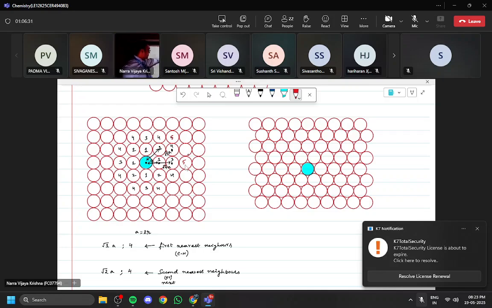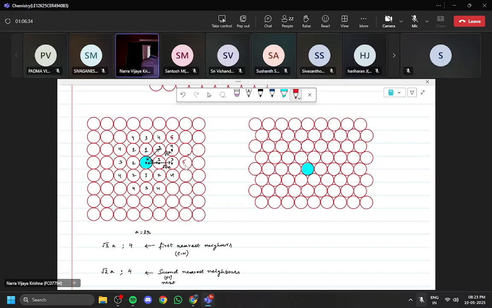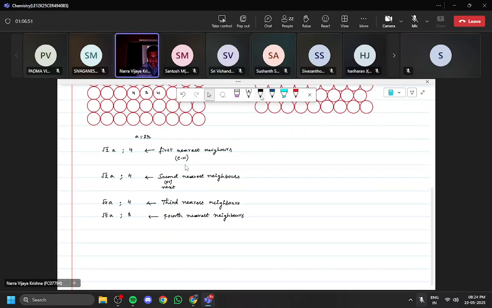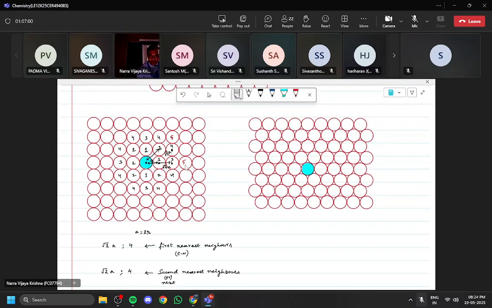This is 2a, this is also 2a, so the distance is root 8a, since 2a squared means 4a squared plus 4a squared. At a distance of root 8a, how many? 4. So I am writing 5, 5, 5, 5. Now tell me 6. Where is the sixth? Is this a 6?